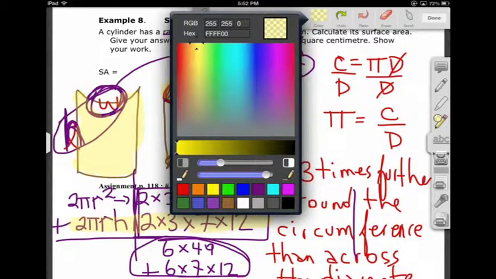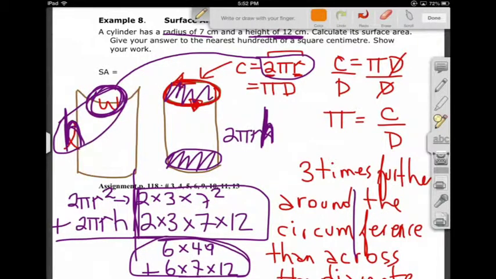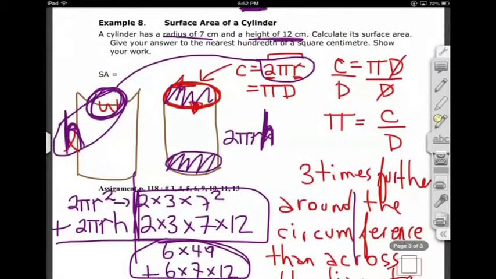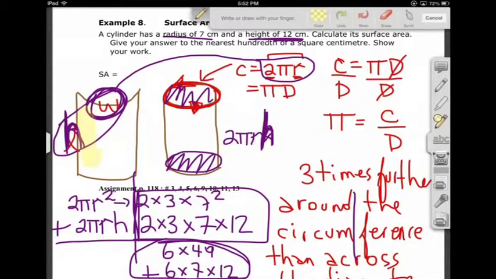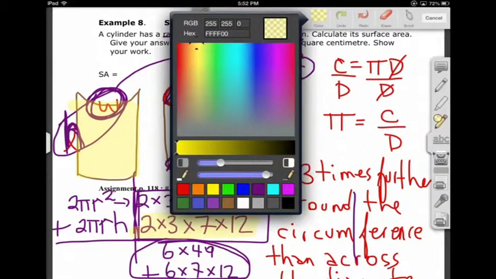I always love, undo. Lost my highlighter color. You have to say done, otherwise it thinks you want to change them all. There we go. So that was basically our rectangle. And if I do this correctly, nice orange, a little bit of a fade.